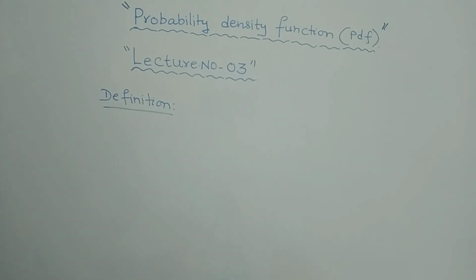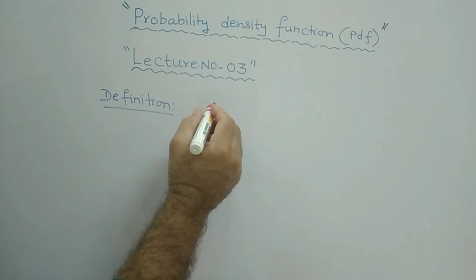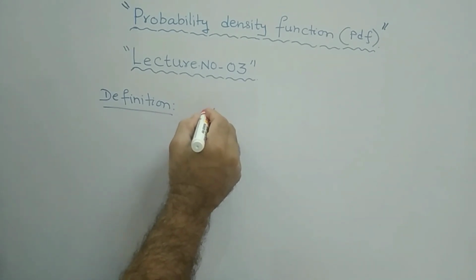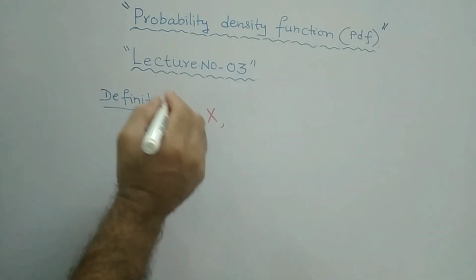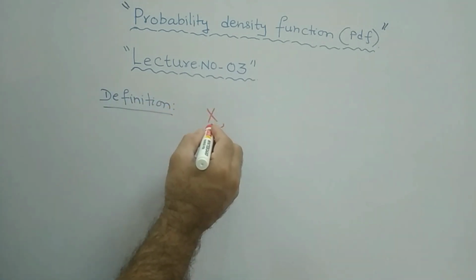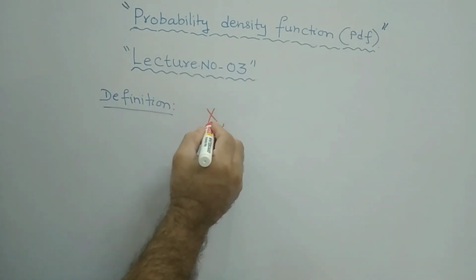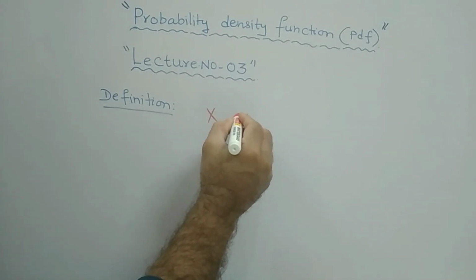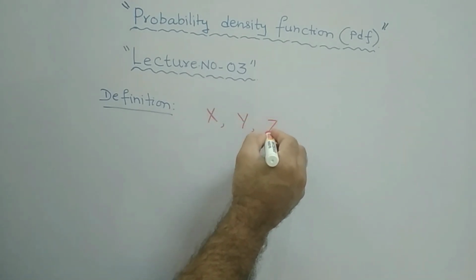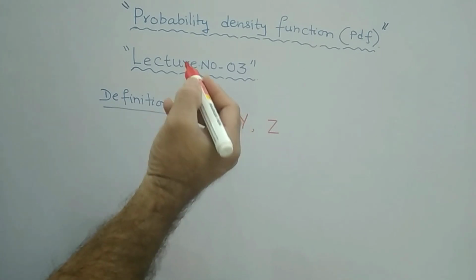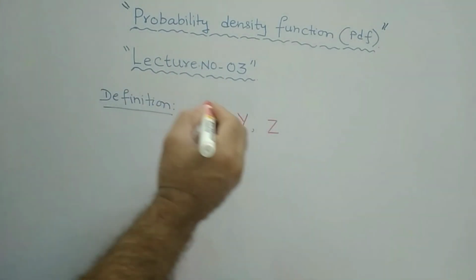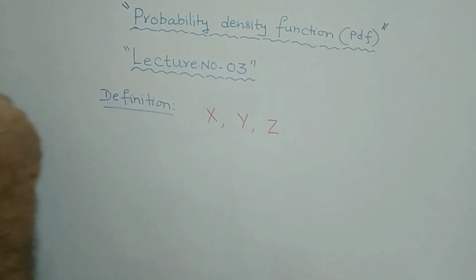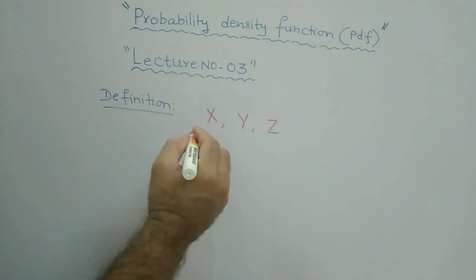If you consider any random variable X, as I have already told you, any random variable can be denoted by the capital letters X or Y or otherwise Z or any letter, but you must represent with capital case letters only for denoting the random variable, right?